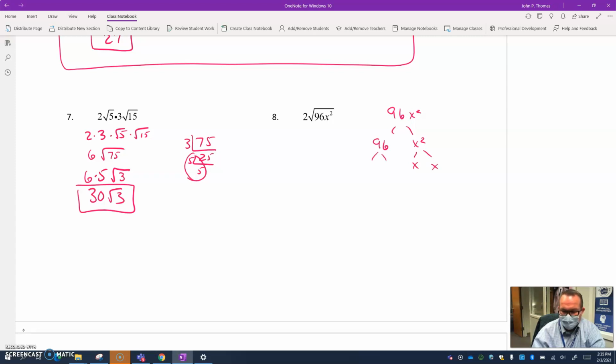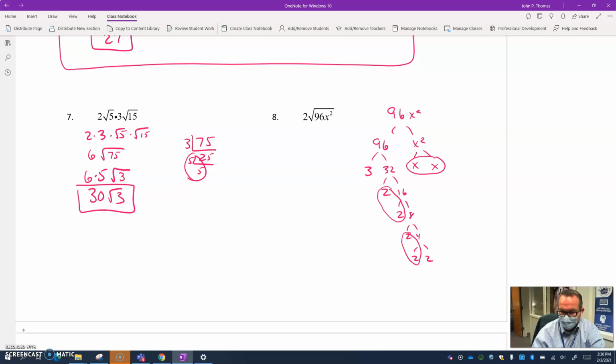The 96, both are divisible by 3, so I can say 3 and 32. 32 is not divisible by 3, but it is divisible by 2, so I've got 2 and 16. 16 is 2 and 8. 8 is 2 and 4. 4 is 2 and 2. So I look for pairs. Pair of 2s, pair of 2s, extra 2, and then I've got a pair of x's.